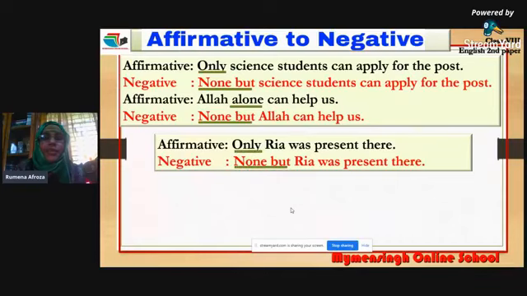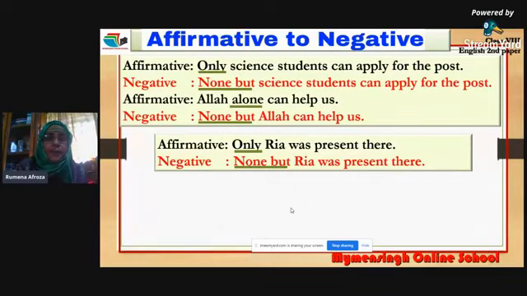Okay, students, what we have found from this example is that if we find only in the affirmative form, we have to use none but in negative form. Instead of only, just use none but.